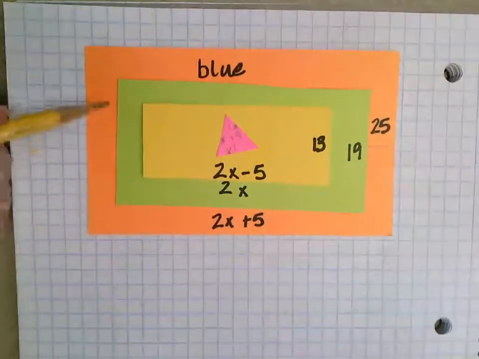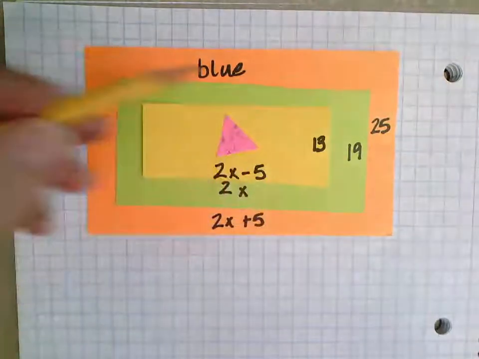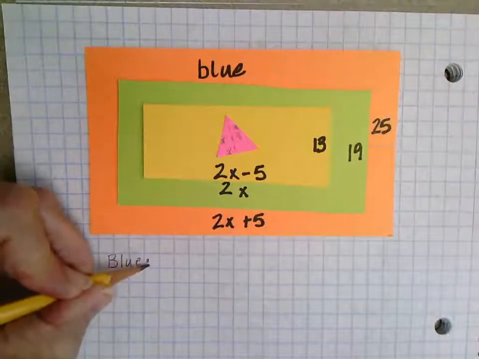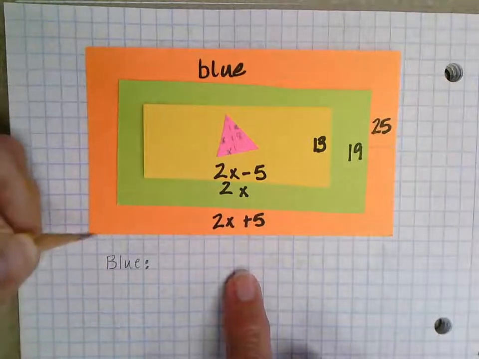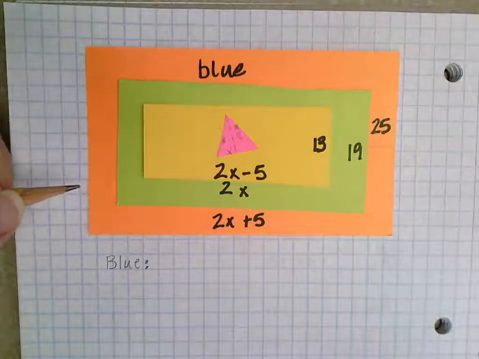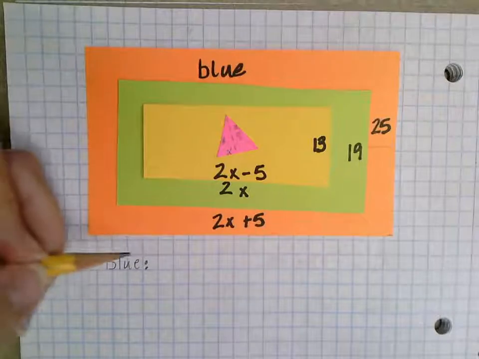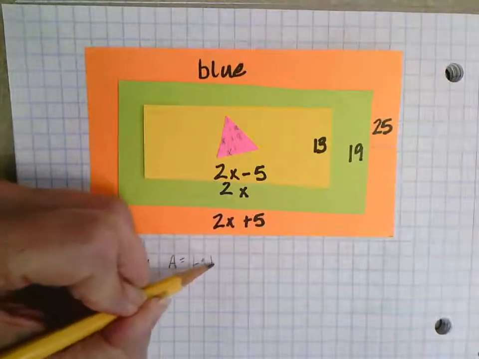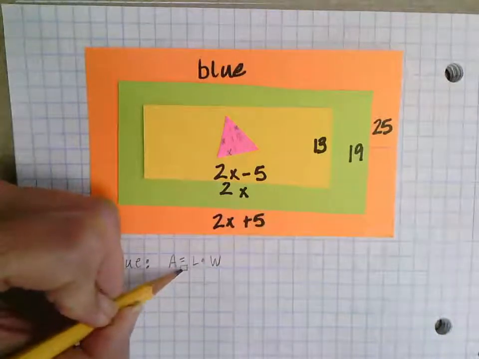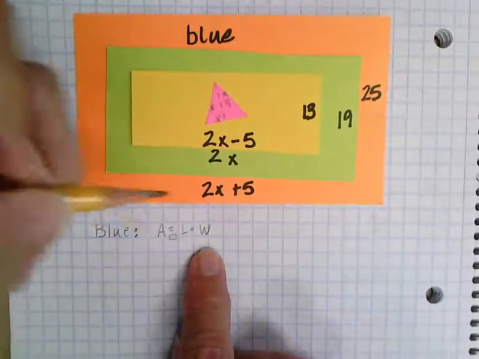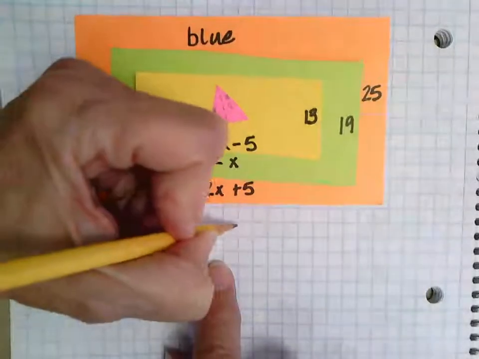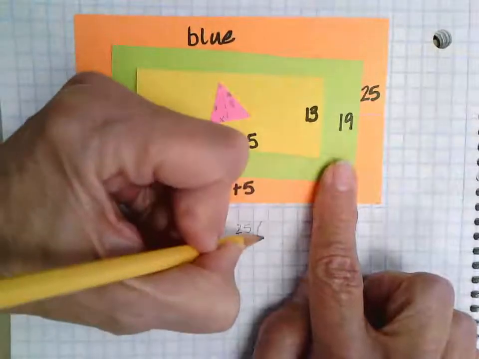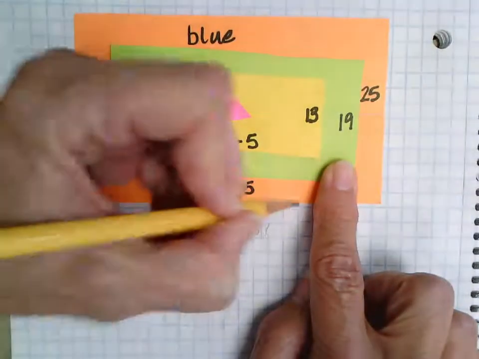So when we just look at this area that says blue, we know that the area formula is length times width for a rectangle. We can take 25 times the quantity 2x plus 5.